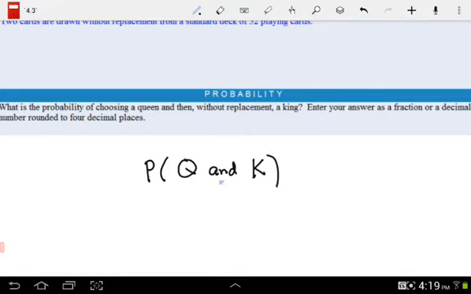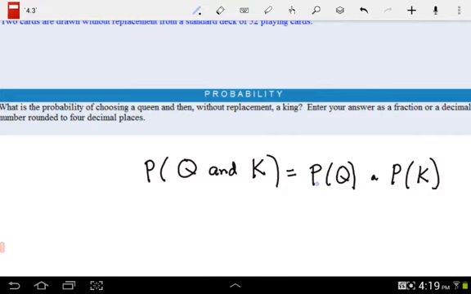So remember, this is going to be the probability that we choose a queen, times the probability that we choose a king. Now, what we have to understand is that it's given without replacement. So these are dependent probabilities here.